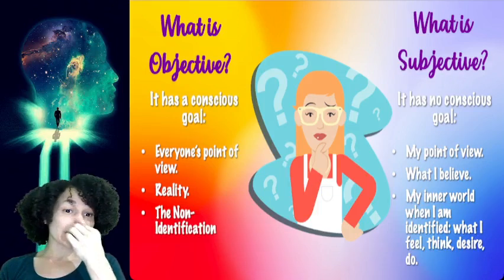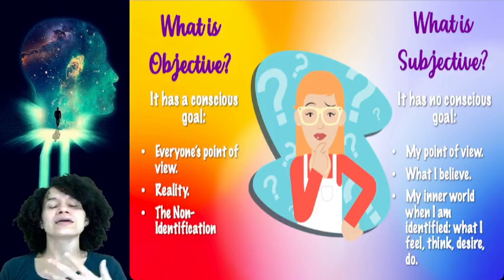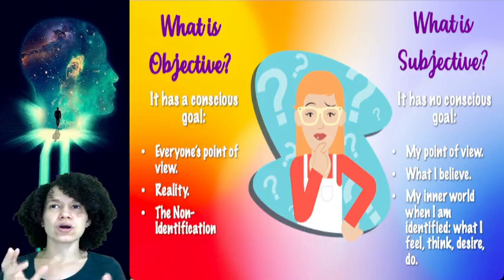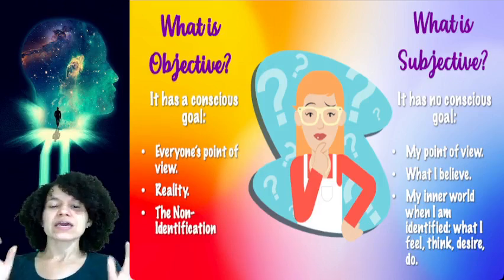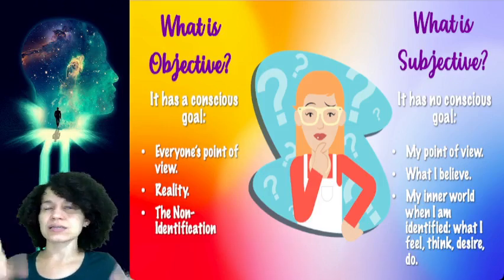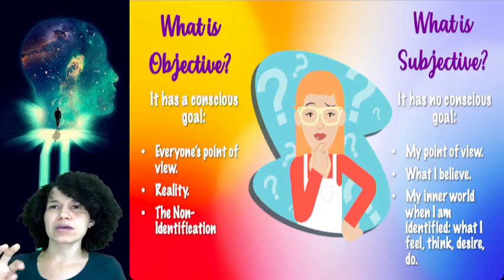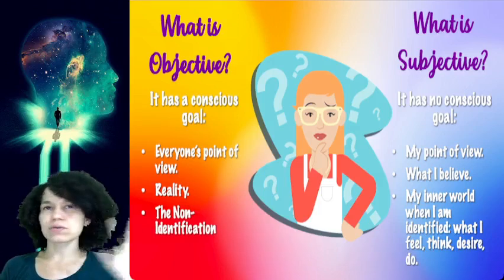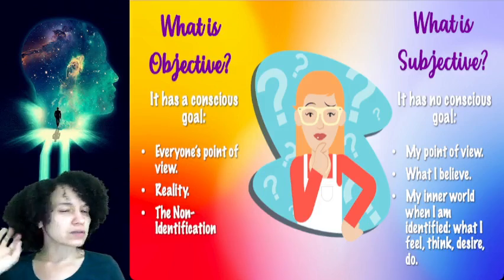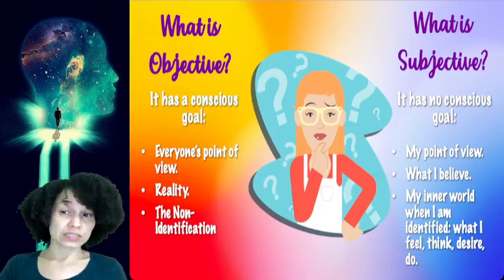And it is what looks for non-identification, to not lose itself in the identification with a situation, with a psychological defect, or with a single point of view. That is the objective, okay?